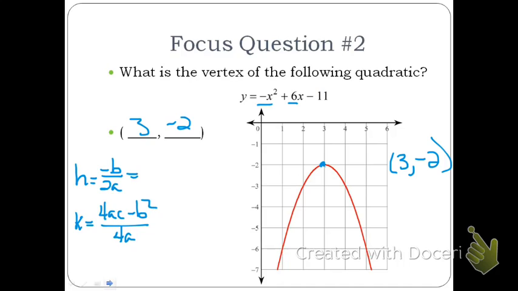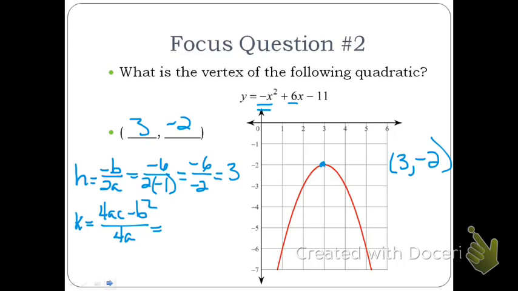The opposite of positive 6 is negative 6, all over 2 times our A value, which is equal to negative 1. So we would have negative 6 over negative 2, and that would equal positive 3. So we're just confirming that our vertex is at positive 3, negative 2, using our formulas.